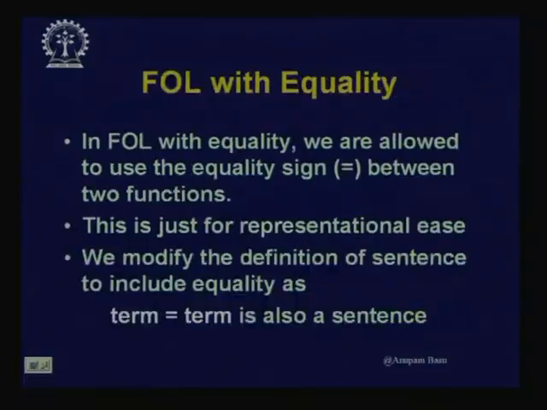Therefore, first order logic was extended to first order logic with equality. In first order logic with equality, we are allowed to use the equality sign between two functions. This is for representational ease.